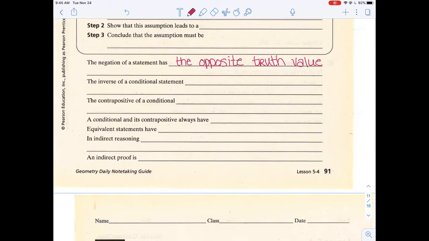And you can only write an inverse for a conditional statement. So the inverse of a conditional statement negates both the hypothesis and conclusion.